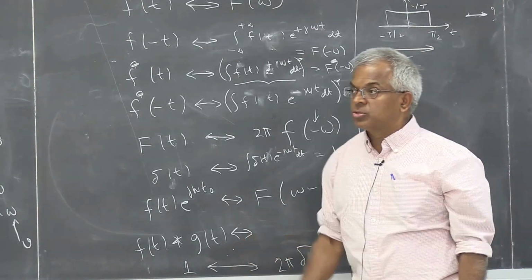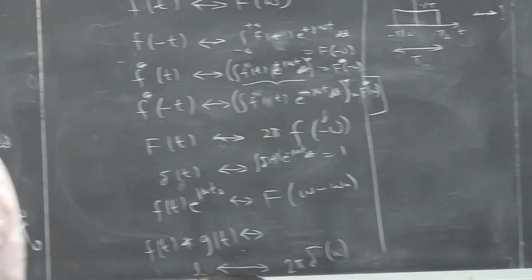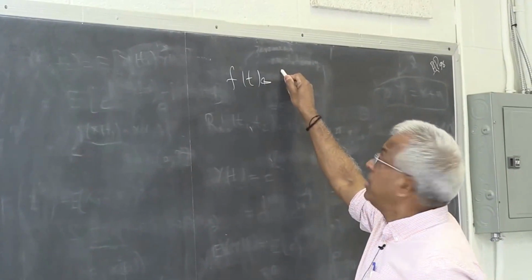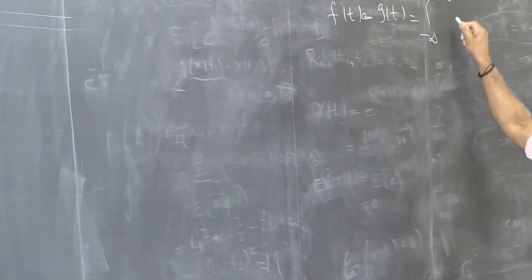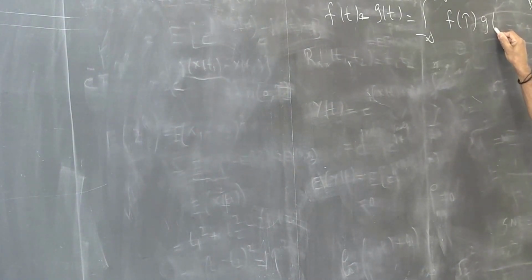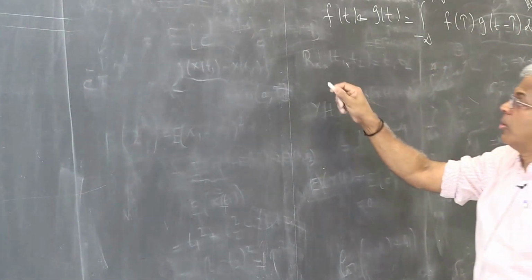So let's do the last one. And this will be, so f(t) convolved with g(t) will be, in general, this is the convolution. Anyway, convolution is what? Integral of f of tau g of t minus tau d tau. So let's do the Fourier transform of this.